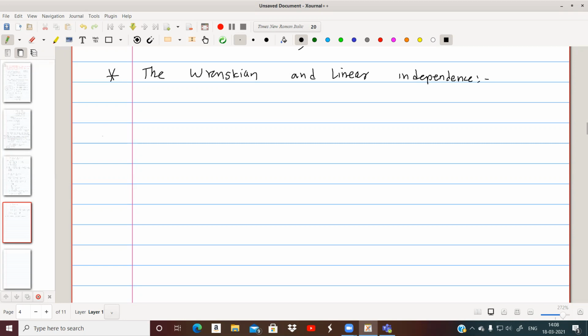As earlier, we have defined the functions phi 1, phi 2, and phi n at x. What is the Wronskian? Can anyone unmute and talk?